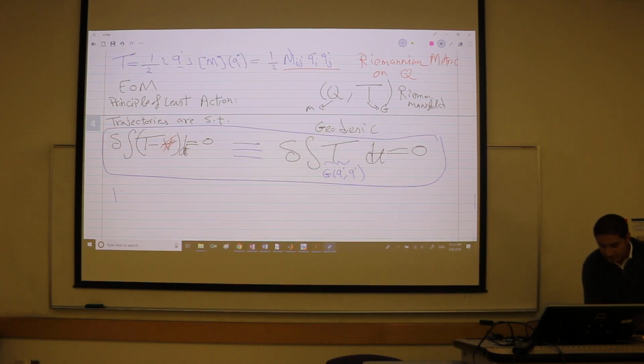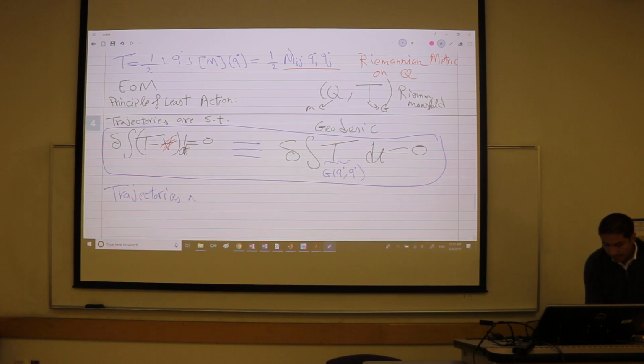So the trajectories are geodesics of the kinetic energy Riemannian metric on Q.